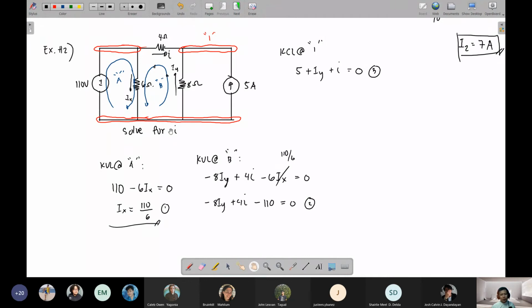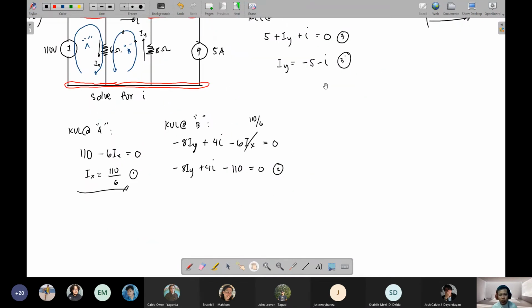Now, since the example only needs current I, no need to solve for IY. Okay? Hindi na natin mabablema, kay ang ato raman importante is ang current I raman. So we need to perform algebra on the equations such that we are left with only current I. So for that, I will arrange equation 3 into IY is equal to negative 5 minus I, let's call this equation 3 prime.